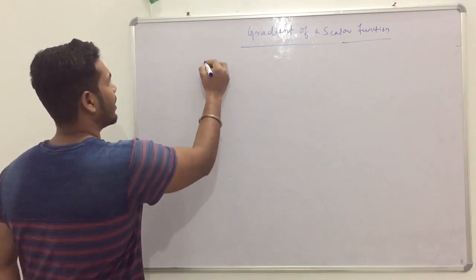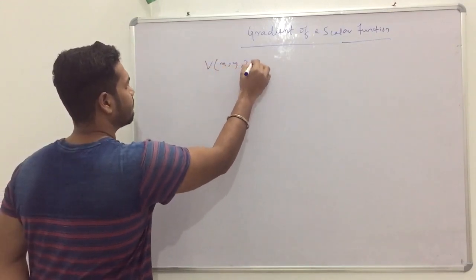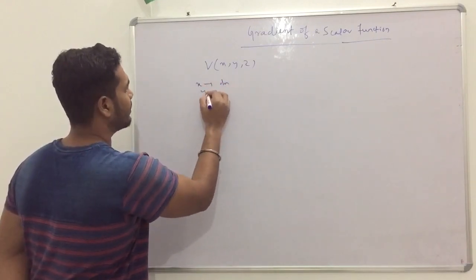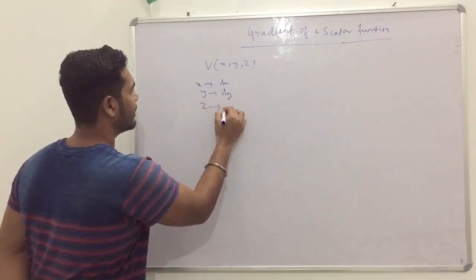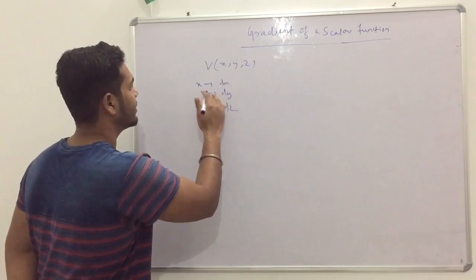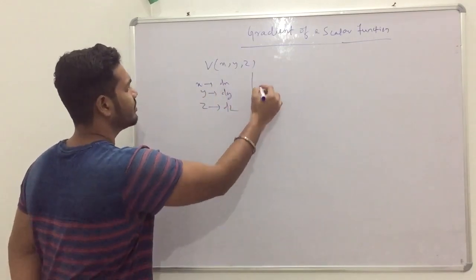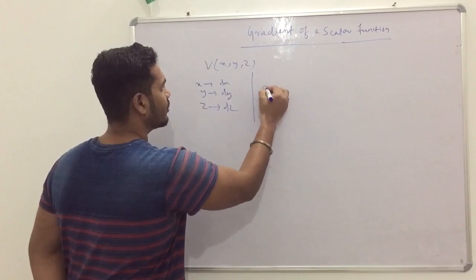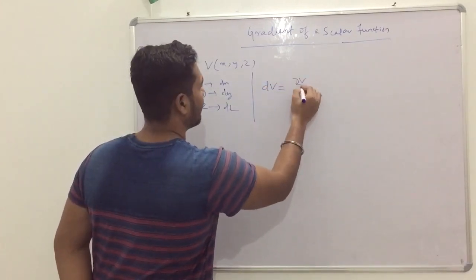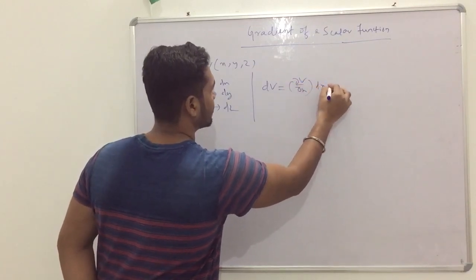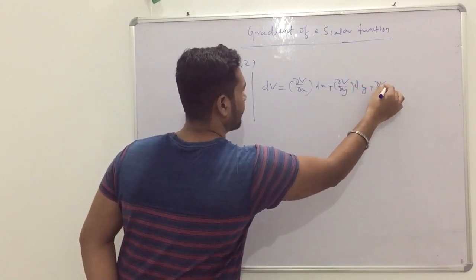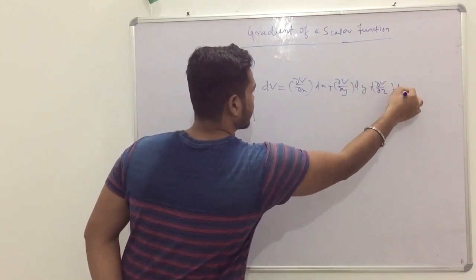If you have a scalar function v(x, y, z), and you change x by dx, y by dy and z by dz, which is an infinitesimally small amount of change in x, y, z, then there must be a change in the function v, which you can write as dv equals del v upon del x into dx plus del v upon del y into dy plus del v upon del z into dz.